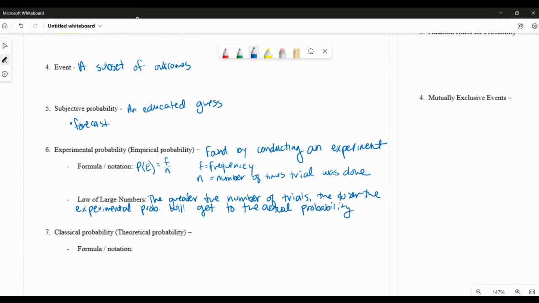All right, so if you do an experiment one time, the experimental probability may not be great. If you do it 100 times, it's going to be a lot better.